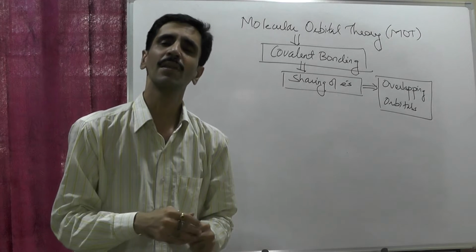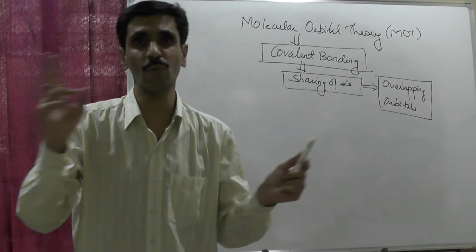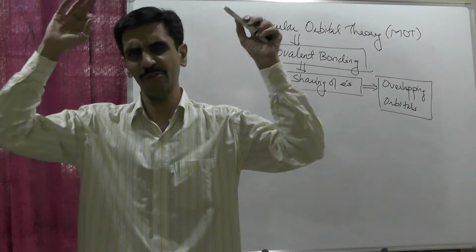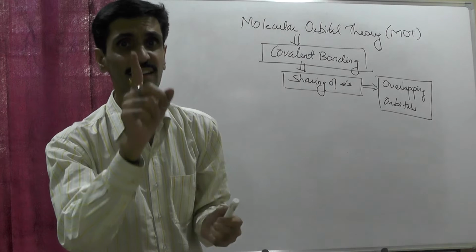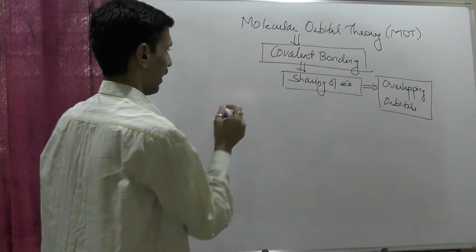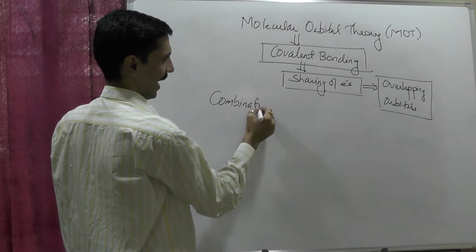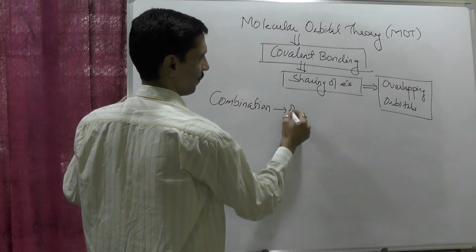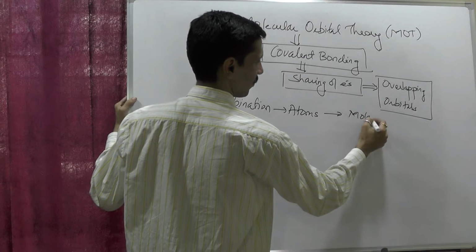Fine. Next, when you talk about a relationship between atoms and molecules, I guess every one of you knows very well, combination of atoms results in molecules. Yes, everybody knows this. So let us write it down, that combination of atoms results in what? Molecules.